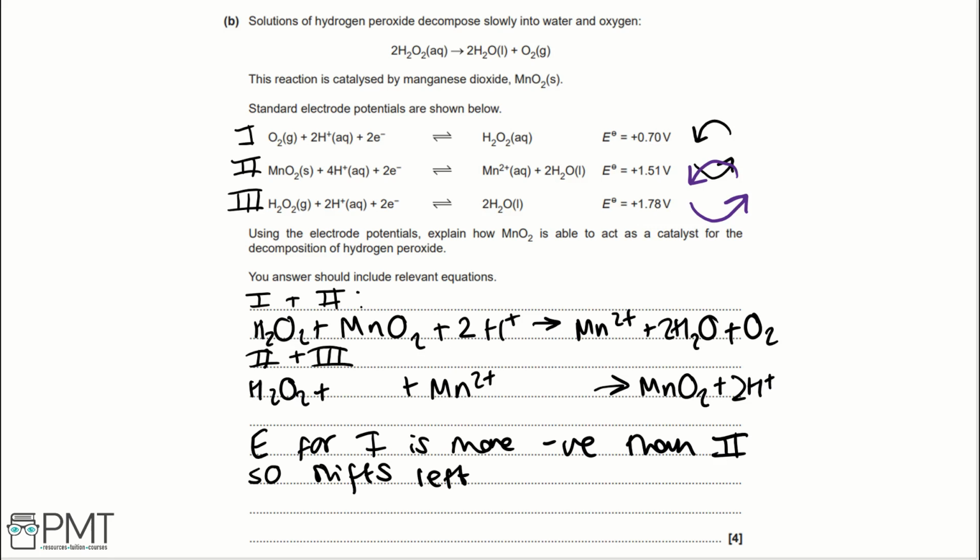And then to answer the rest of the question, how MnO2 acts as a catalyst, well, we can say that MnO2 is regenerated. And that is enough to get our 4 marks for this question. You get a mark for each of your equations, a mark for referring to electrode potentials and how they shift, and then a mark for saying that MnO2 is regenerated, which means that it's able to act as a catalyst.